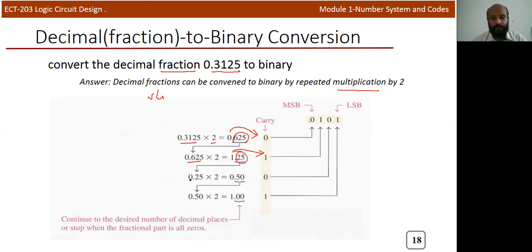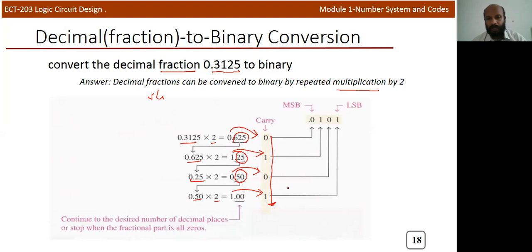Okay. And we'll consider only this 0.25. Now we'll write this 0.25 here and we'll multiply by using 2. We will get 0.50. And again, we need to consider this portion and we'll write here into 2. We'll get here it is 0. Here it is 1. Now we need to remember another thing. In the previous case, we will write bottom to top. Now we need to write the number in top to bottom order when it is a fractional portion.